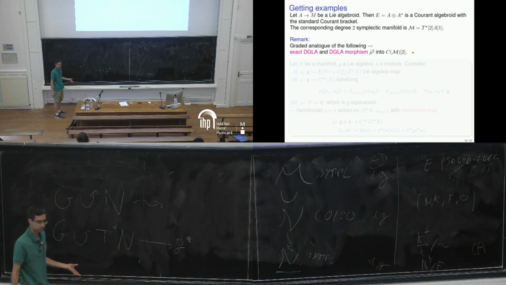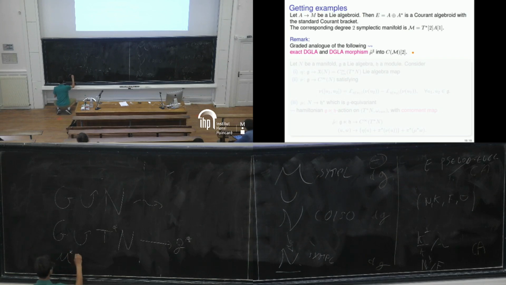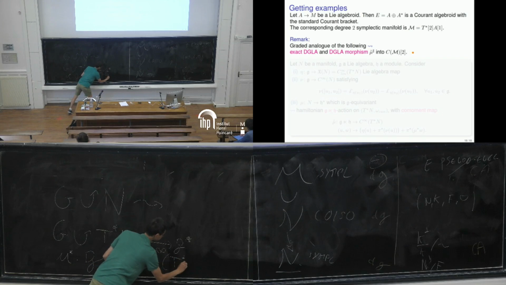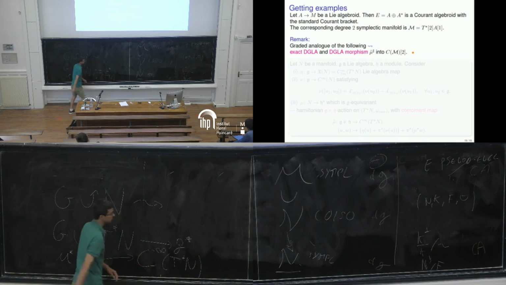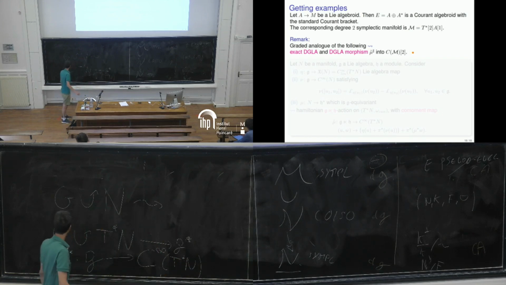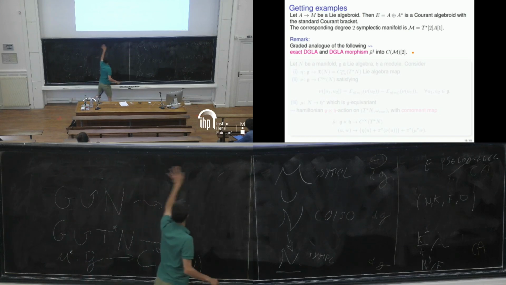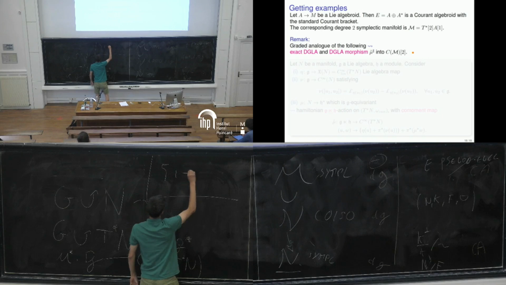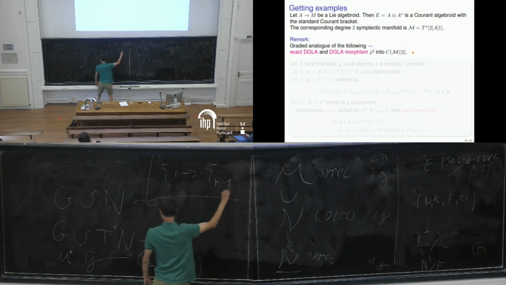So what is this moment map? Well, I will describe the corresponding co-moment map. A map from G to functions on T star N. This is just the infinitesimal action.